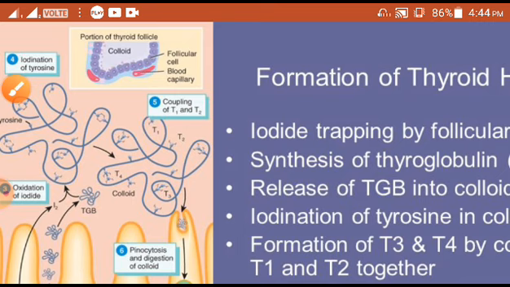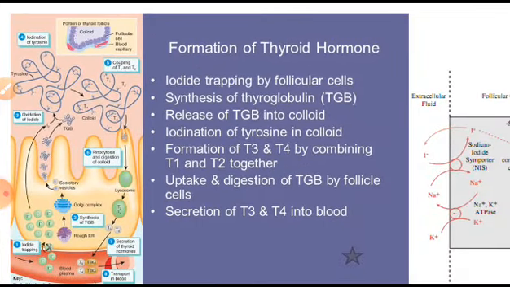So like that, these iodines come closer. These tyrosine units which have the iodine on them come closer and make a bonding. When they make a bonding, they make either T2, T3 or T4. So the formation of T3 and T4 happens by combining the T1 and T2 together, okay.